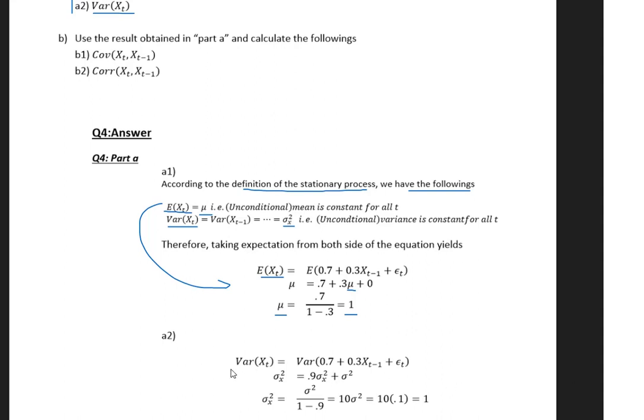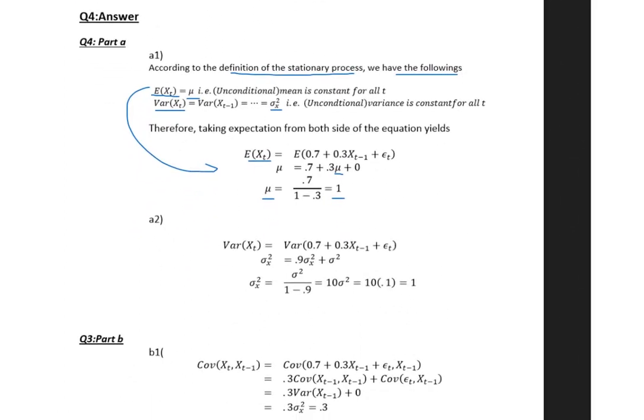Similarly, for variance, we again use the definition and this property that for a stationary process, the variance is going to be constant. So we simply take variance from both sides of the equation of this process.